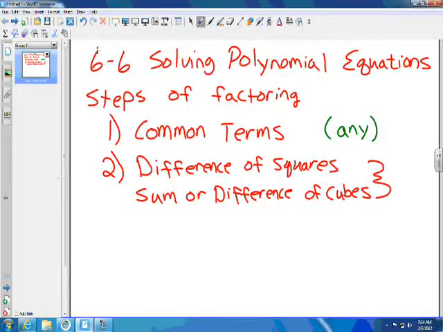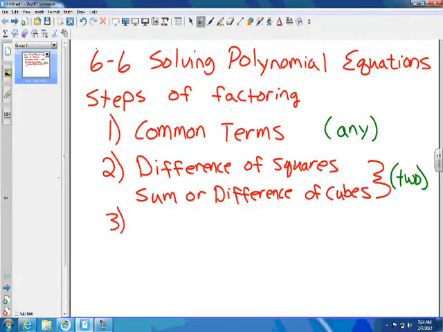And with either one of those, how many terms does it say are involved? 2 terms. So if you have 3 terms, would you need to check step 2? So it's just 2 terms are involved with those 2 things. And we will go over how to do these steps after we write them down.